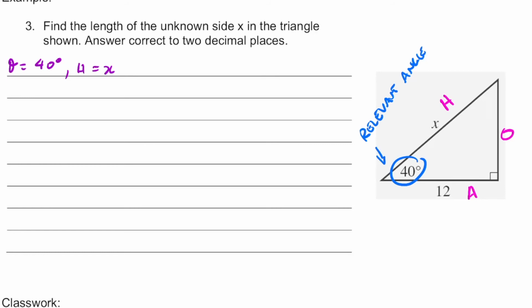So we automatically know now that we're not going to be using tan because we don't have the opposite and the adjacent. We have the hypotenuse as one of our sides, so we can't use tan, so that's already automatically out. Our adjacent side is given as 12, and our opposite side has not been given. So that means that we're going to use cosine or cos. Okay? Because we have the H, the A, so then we just need the C.